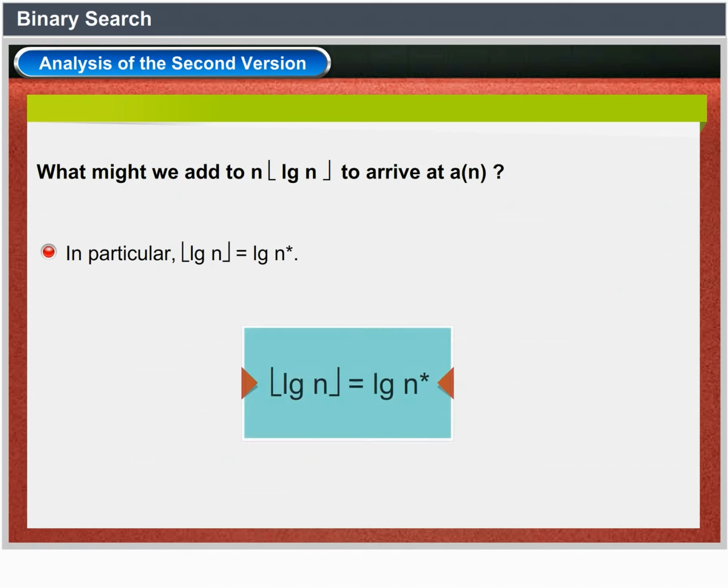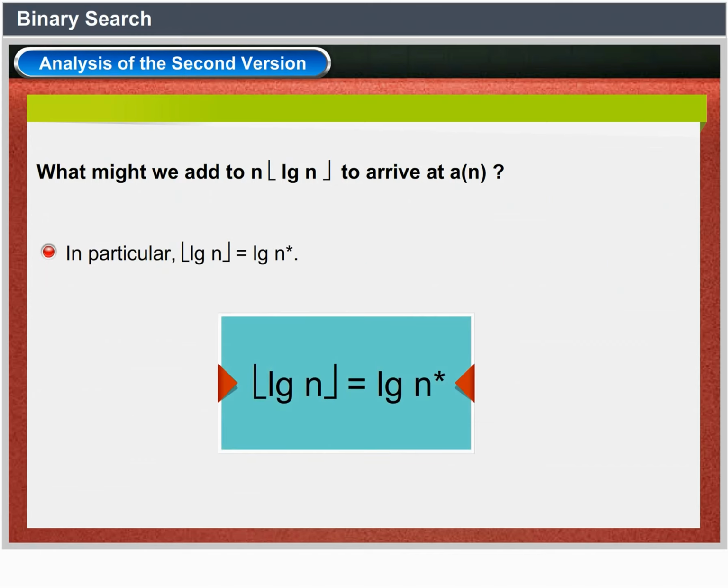In particular, floor(log n) = log n*. It seems reasonable to hope that a(n) = n log n* + cn + dn* + e log n* + f for appropriate constants c, d, e and f. Denote this hypothesis by HI(n).